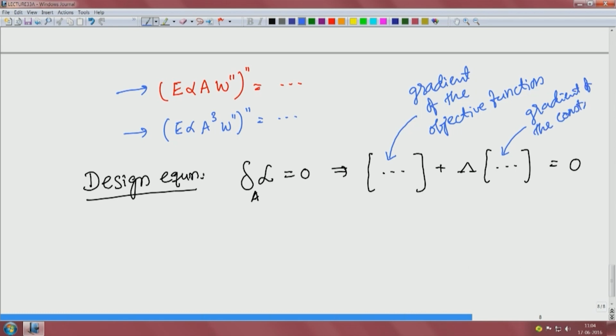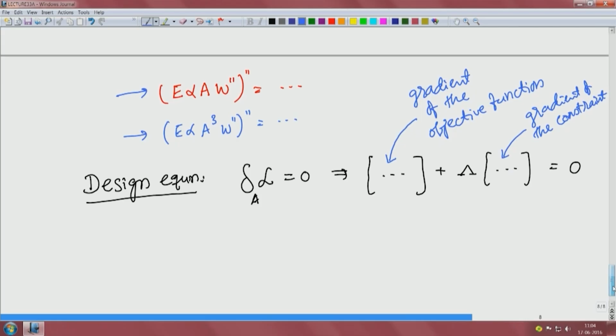When I say constraint, not the governing equation, that is just a state variable controlling equation, that is really not a constraint. The real constraint here is the volume constraint, because the corresponding lambda is there for that constraint, that will become the gradient of that.